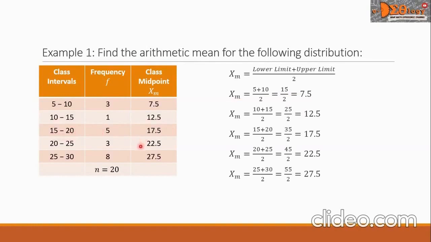The 22.5 comes when we add 20 and 25, then divide by 2. The 27.5 here comes from 25 plus 30 divided by 2. So we are now complete with the column for class midpoint.